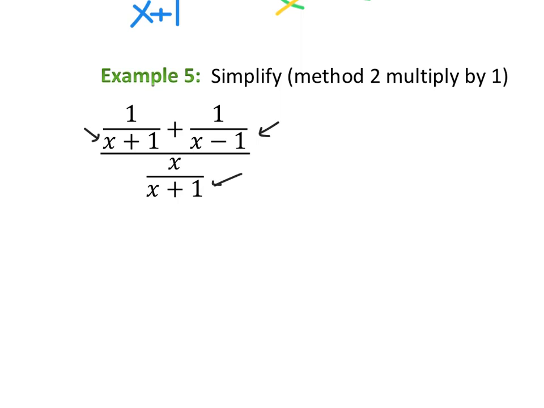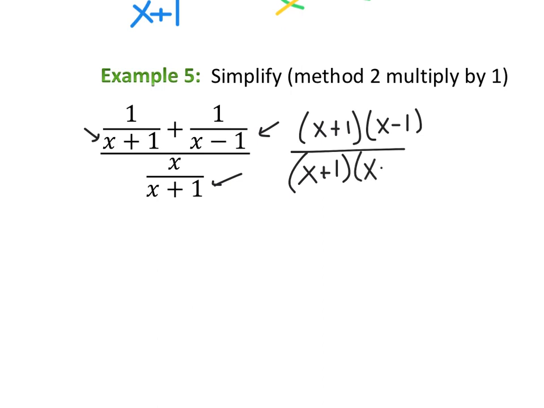The common multiple between the three of them is x plus 1, x minus 1. So what I'm going to do is multiply the top and the bottom of the whole thing by x plus 1 and x minus 1. Essentially, I'm multiplying this expression by 1. I'm multiplying by the common denominator of all the complex fractions here.